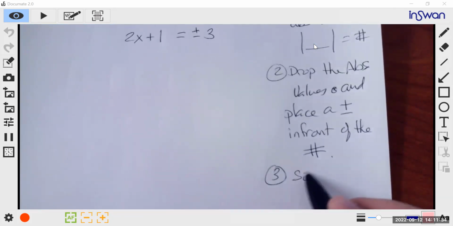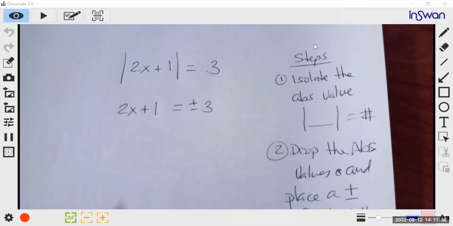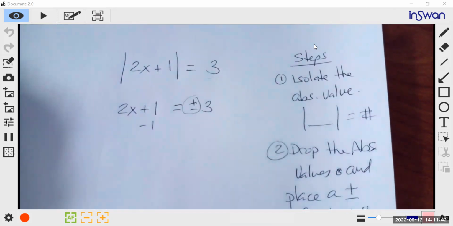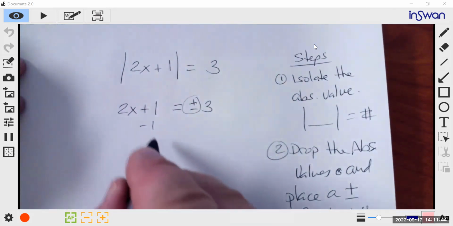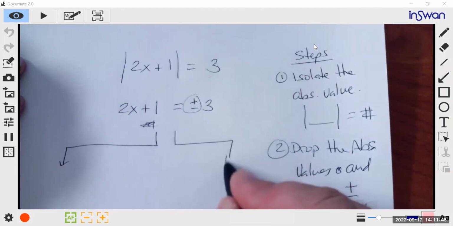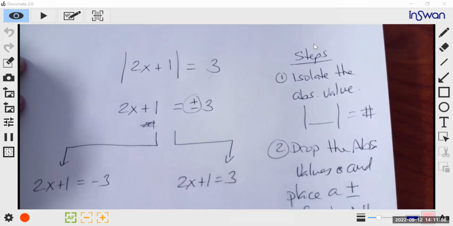Then solve for X. How many equations do we have now? We have 2 equations. We have 2x plus 1 equals -3, and 2x plus 1 equals positive 3.